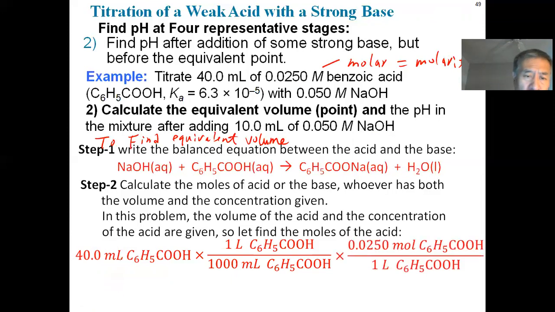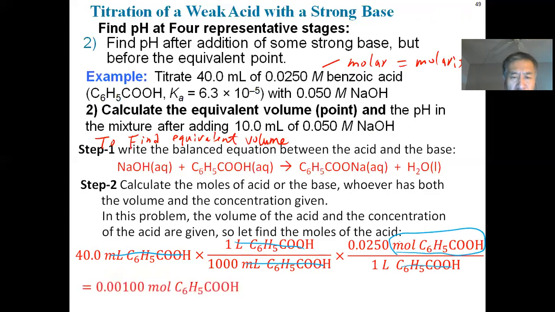Whenever you use a conversion fraction, always check the cancellation of units. Milliliters cancel out, then liters cancel out, so we have moles left over. That is how much benzoic acid we have initially in the solution.